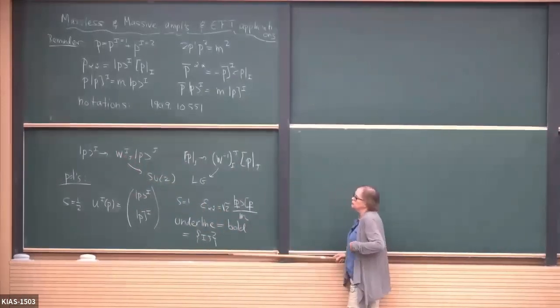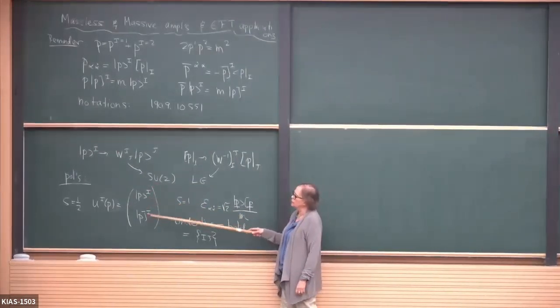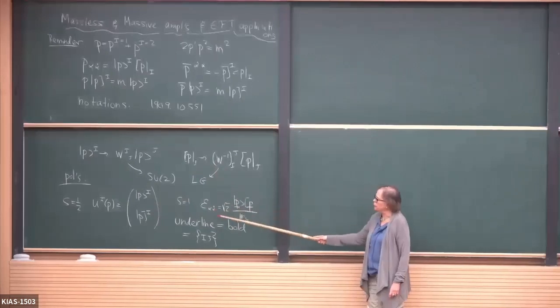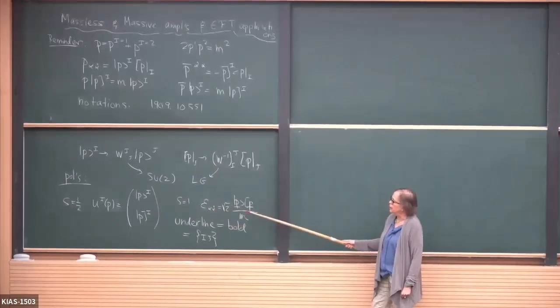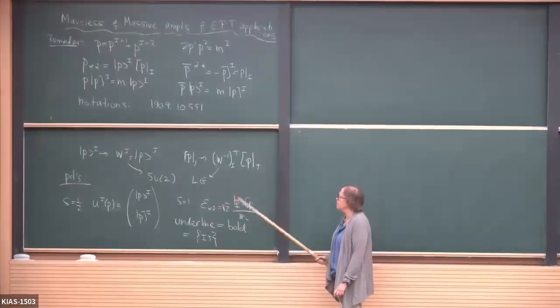And we know how to write the polarizations. So these are the polarizations for the massive fermions, and this is the polarization vector for the spin 1 particle.